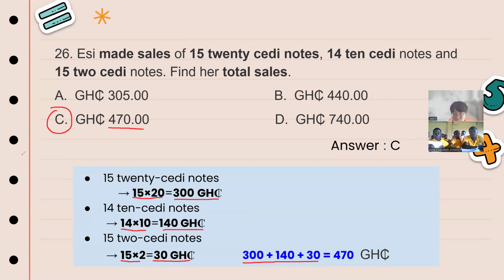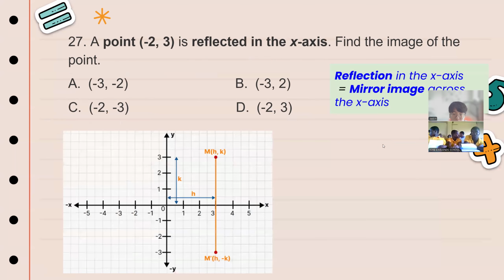I think someone else is still writing down, so can you wait for maybe 10 more seconds? Maybe everyone's done. If everyone's finished, then we can move on.